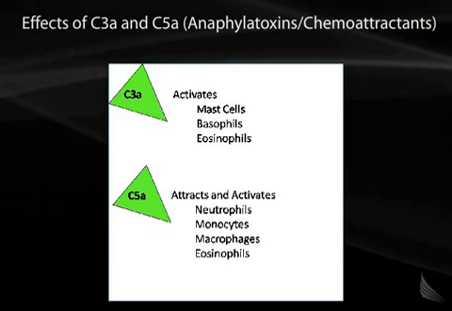C5a is the phagocytes, the antibacterial type of response. Therefore, as we saw in that question, if you have a breakdown in C5, then what you get is the inability to recruit these phagocytic cells. You would have a decreased activation of macrophages, the neutrophils, and monocytes.